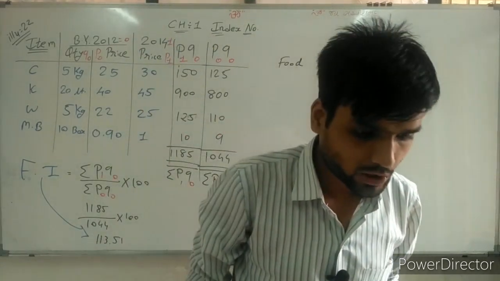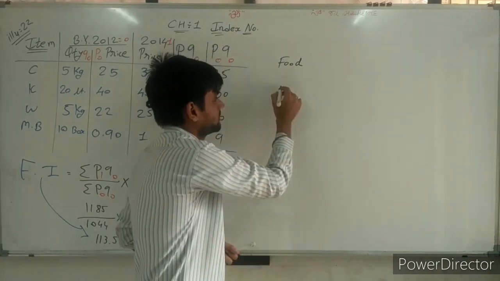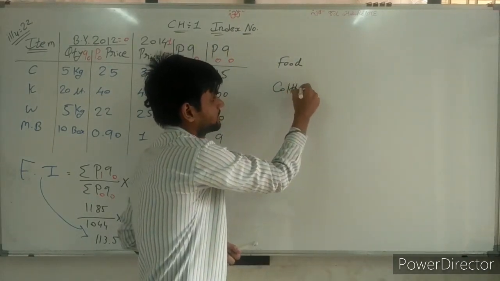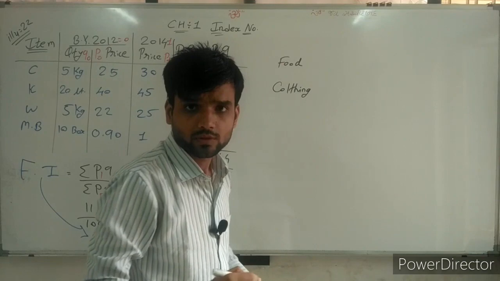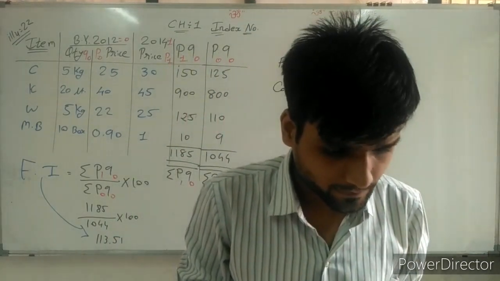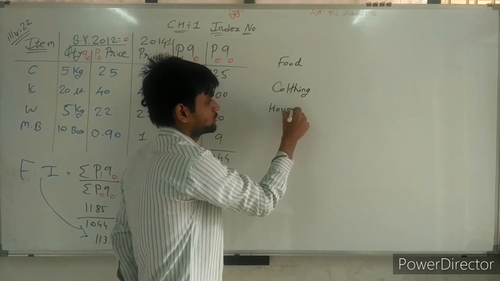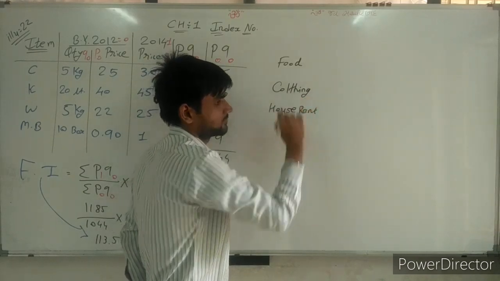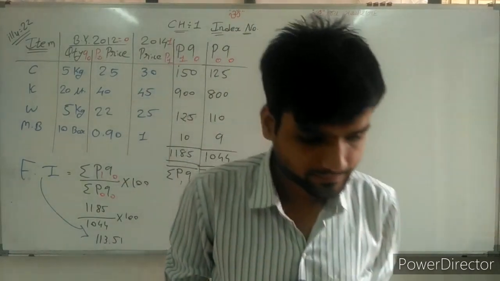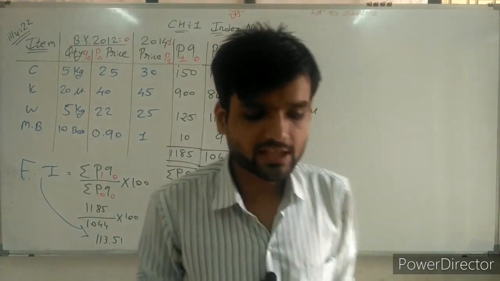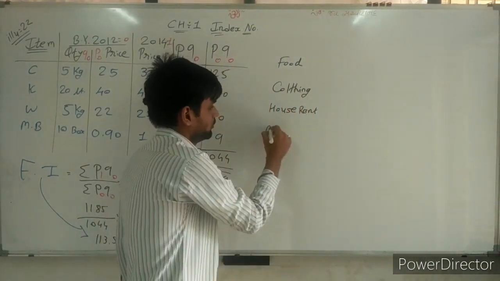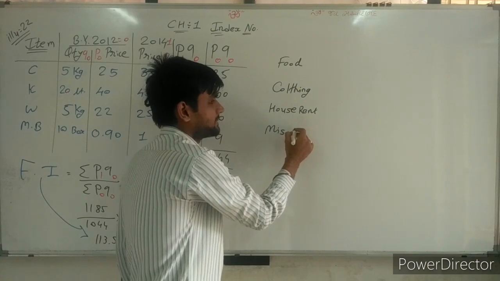then clothing, next house rent, so house rent, next miscellaneous group, miscellaneous expenditure.